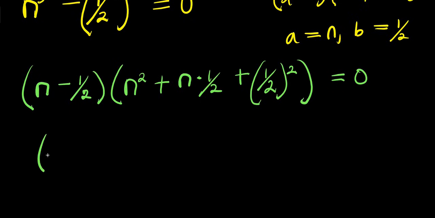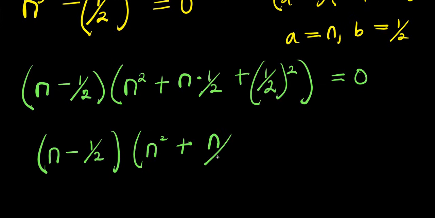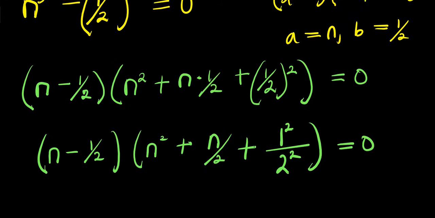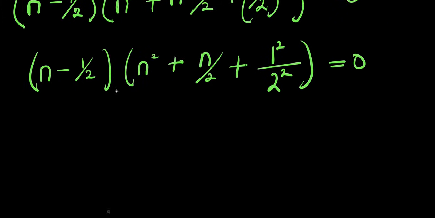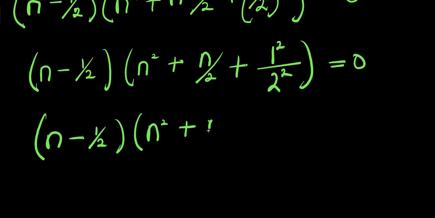So from here, I have n minus 1 over 2 times n squared plus n times 1 over 2 plus 1 power 2 divided by 2 power 2, and this equals 0. So from here, I have n minus 1 over 2 times n squared plus n over 2 plus 1 power 2, that is 1, divided by 2 power 2, that is 4, and this equals 0.